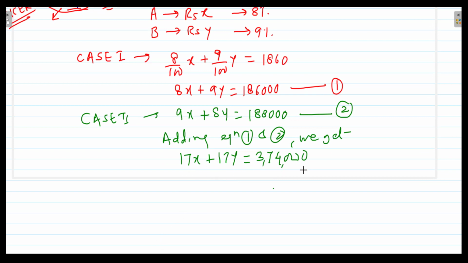Now you will find that 17 is the common factor, so divide by 17 throughout the equation. You will get x plus y is equal to 22,000. Let this be equation number 3. Now we will subtract equation number 1 and equation number 2.